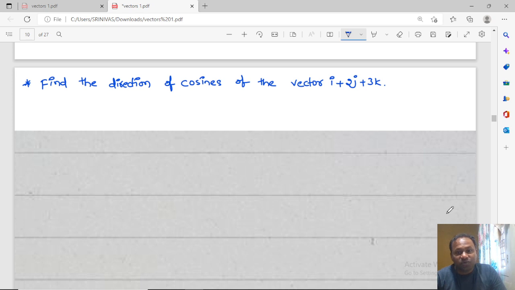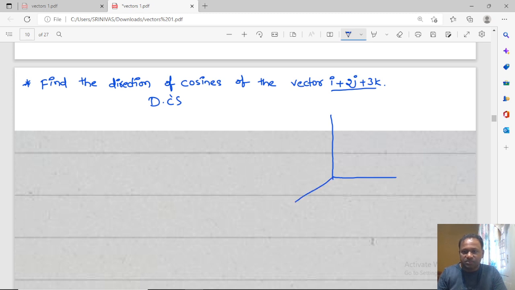Find the direction cosines of the vector. Yes, direction cosines. You need to know about direction cosines. First of all, I will explain about direction cosines. Suppose x-axis, y-axis, z-axis, a three-dimensional system I have taken.